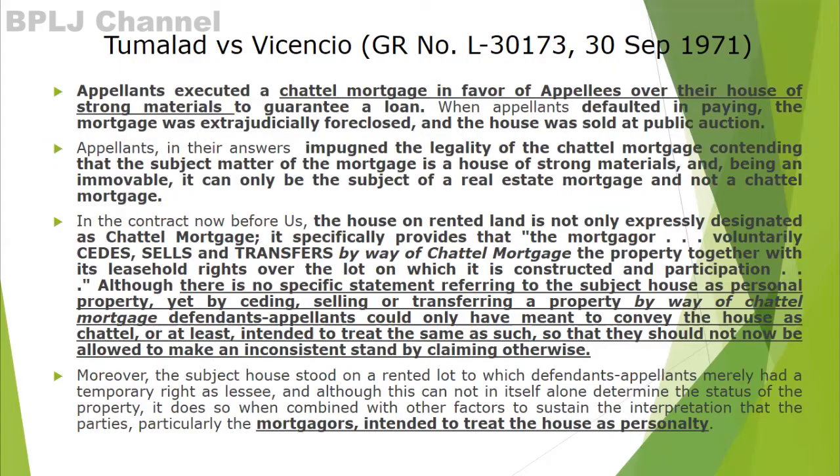However, the appellants were not able to pay the loan, so it was foreclosed extrajudicially and the house was sold at public auction. Remember, the house is immovable by nature, but it was subjected to a chattel mortgage and not a real estate mortgage. So the mortgagor or the appellant considered the property as a personal property.